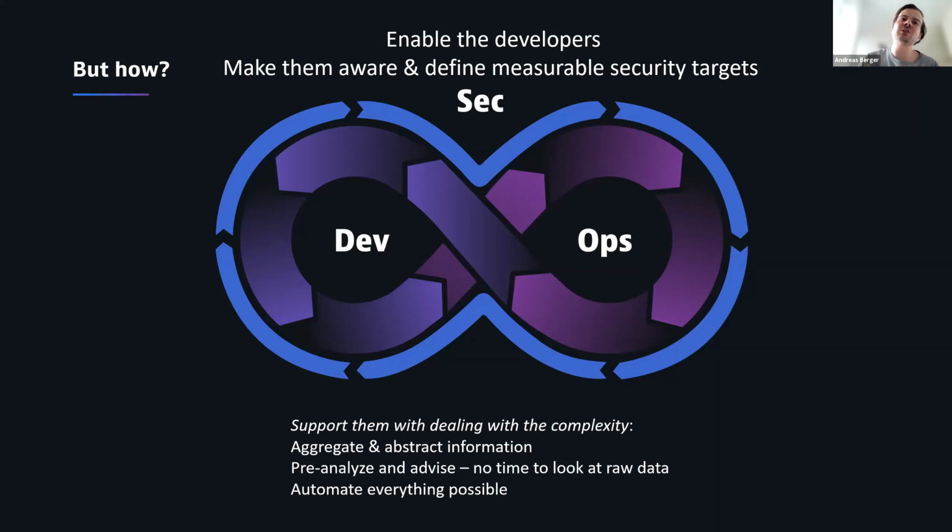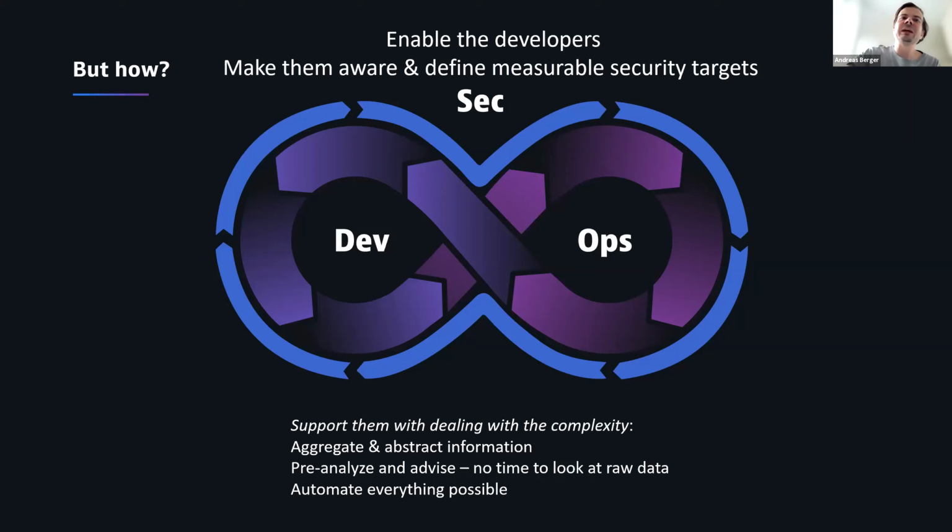So we need to change the way we think there, and we need to change the way tools operate in this world. And of course, we need to make sure that we automate everything possible, because simply we have no other choice. We have too little staff to make perfect security happen with only manual effort.